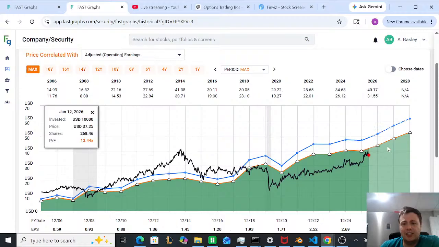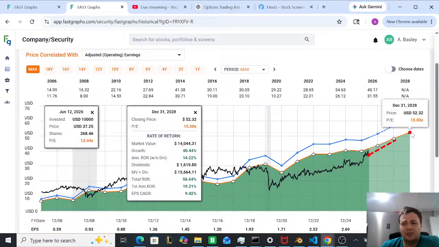So if we click here and then drag it out to what the projections are, we can see that it gives us a lot of metrics to look at and what we could be looking at if we invested here, and it follows the analyst projections and makes it back to the fair value line, the 15 PE.